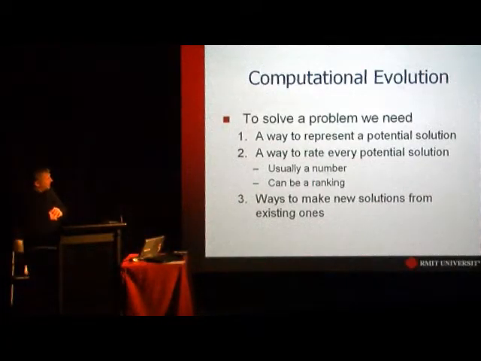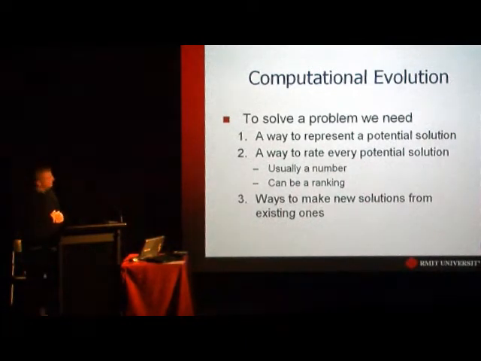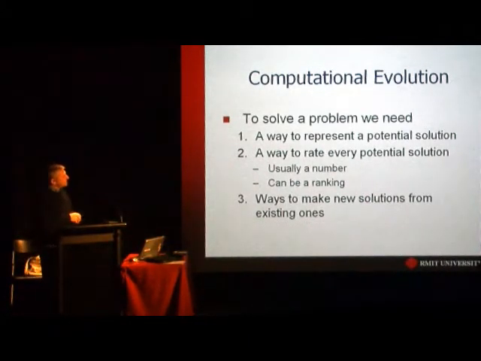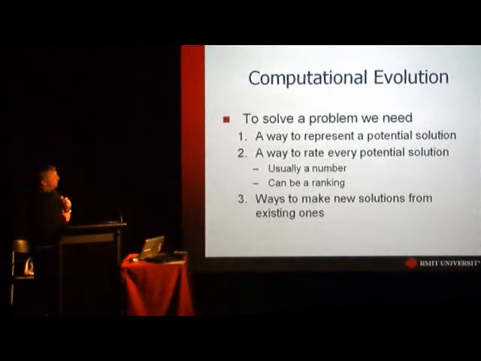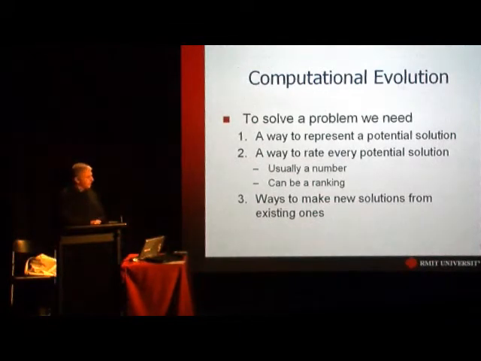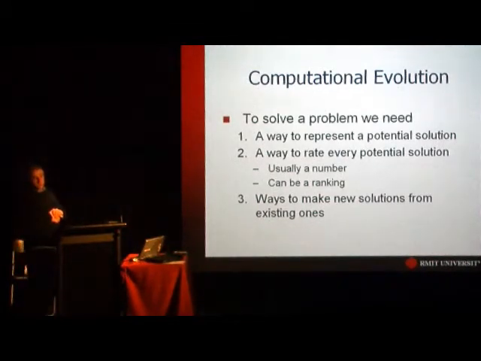Evolutionary algorithms are based on those notions. So if we're talking about computational evolution, we're really talking about solving some kind of a problem. And to solve in this method, we need to be able to have something that is a potential solution to the problem.